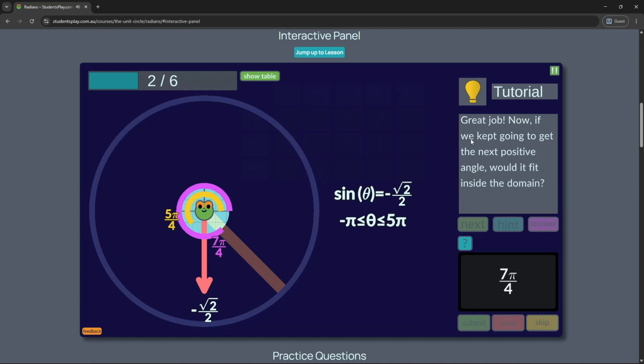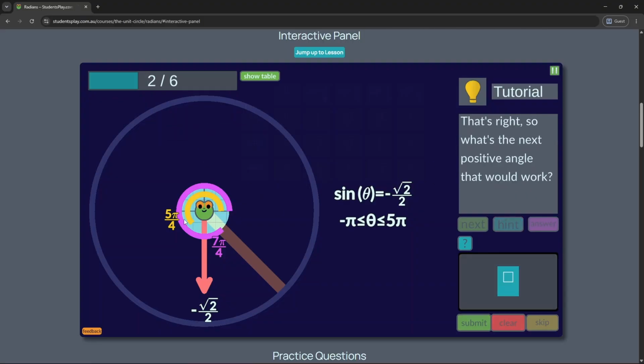Great job. Now, if we kept going to get the next positive angle, would it fit inside the domain? Yeah, well, 5 pi is at least 2 rotations and an extra half, so definitely will be fine. Let's say yes. But we could also have checked by adding 2 pi onto the 5 pi on 4.